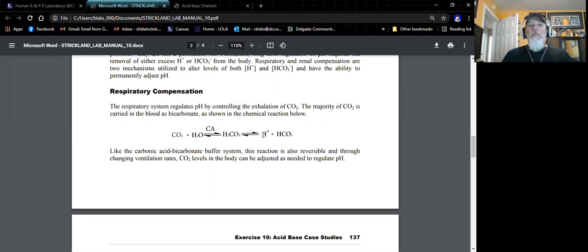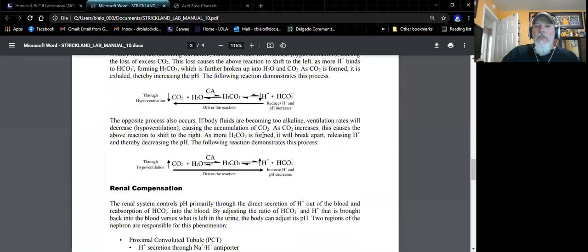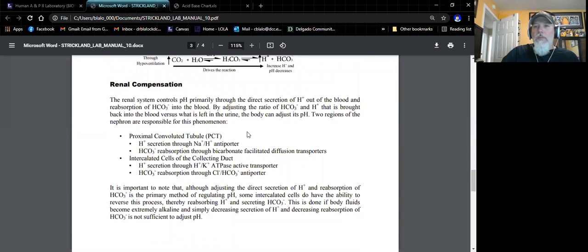Now, respiratory compensation is great, and it obviously works by getting rid of carbon dioxide, and that changes our hydrogen ion concentration levels. But the ultimate way we want to balance pH is by using what? By using our urinary system, by physically getting rid of those hydrogen ions.